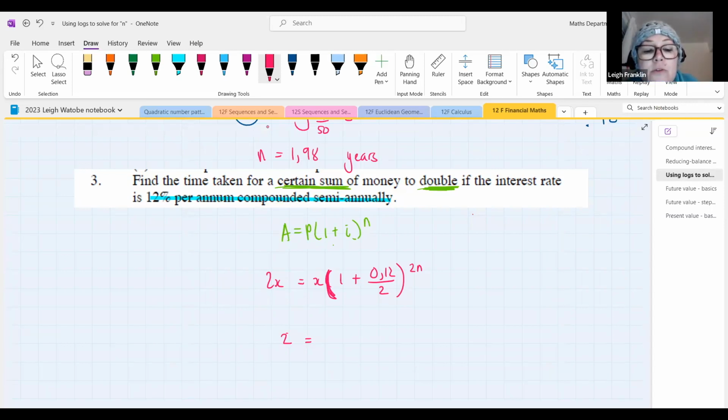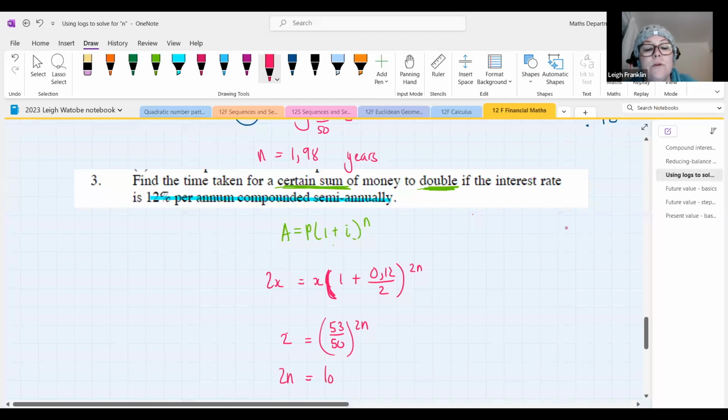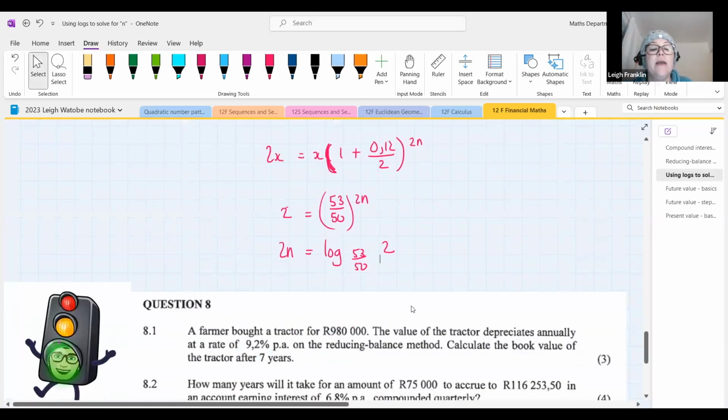You guys getting that as your base as well? 53 over 50, and then that would be to the power of 2n. Good, well done. So 2n equals log 53 over 50, and then we would put in our 2. So again, do the log thing first, and then you would divide through by 2 at the end.